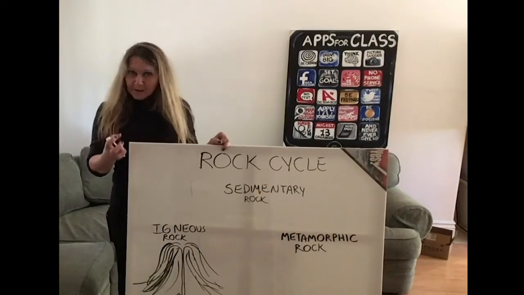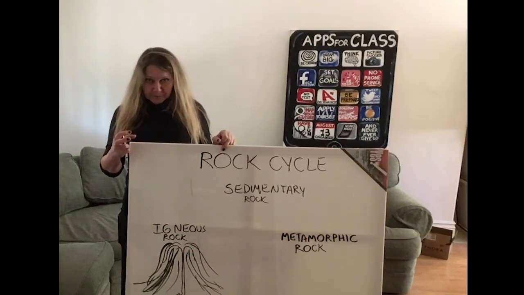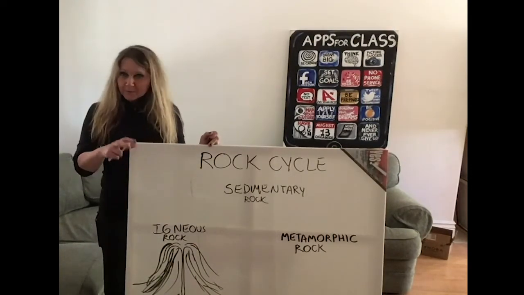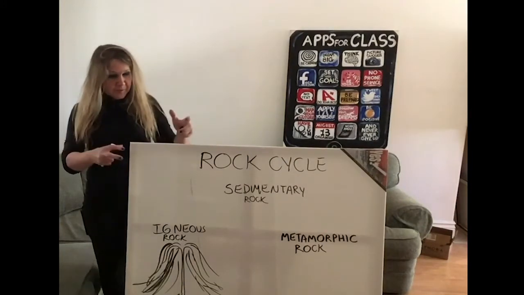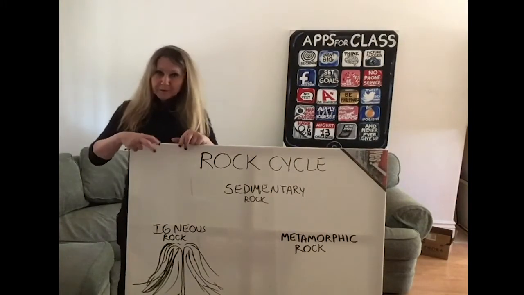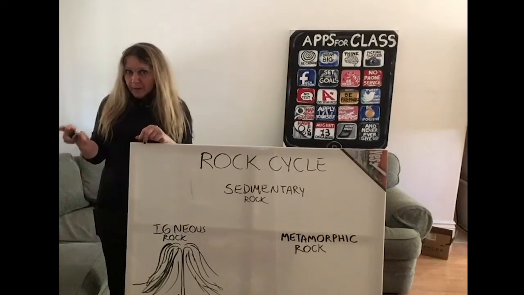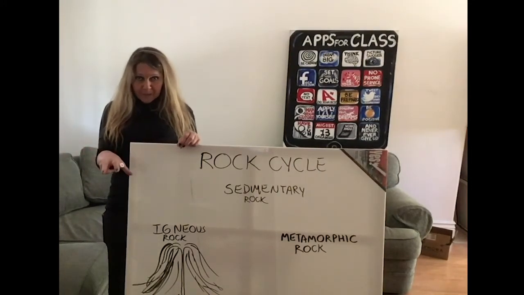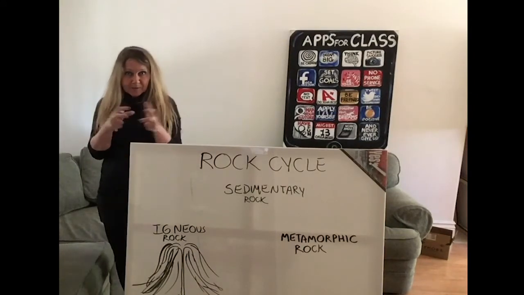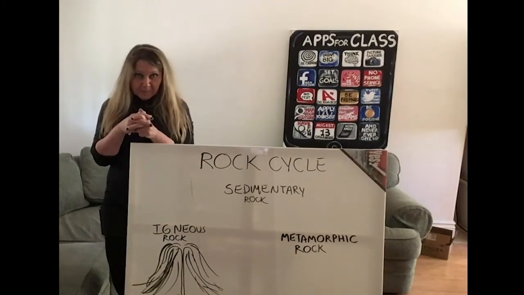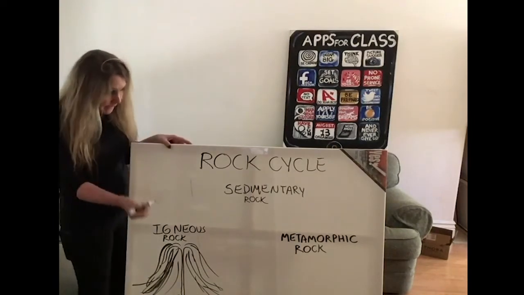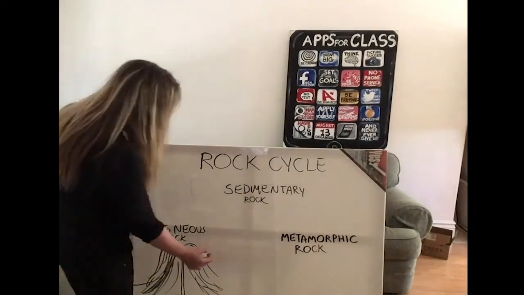If it is broken down, broken apart, it's weathered, and then it is eroded, so those sediments that are produced from that basalt get moved to another location, and they're deposited in one place, so they settle, and then they start to compact, press together, and cement, kind of glue together. Then they would form a sedimentary rock.